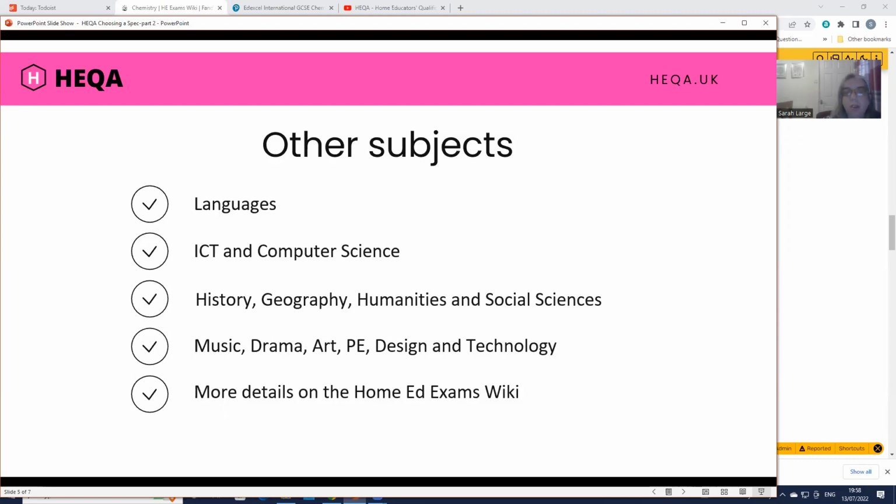languages. So you'll sometimes see people say on the group, oh, you need to do IGCSE to avoid the speaking and listening. That's generally a confusion to do with English language.